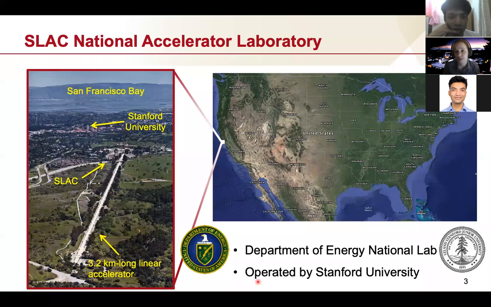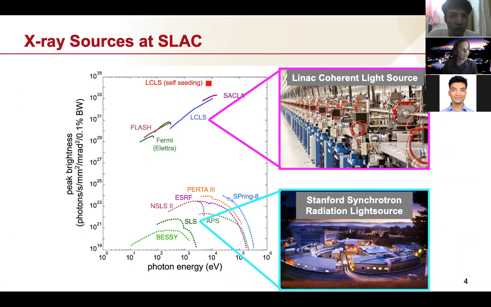So we have two X-ray sources on site. We have a free electron laser and we have a synchrotron. And the difference between them is the quality of the X-rays that are coming off. If you look at peak brightness, which is essentially the number of photons you get per second per area at some angle and some bandwidth, our linear accelerator has been converted to the LINAC Coherent Light Source, or LCLS, and that is very laser-like light.